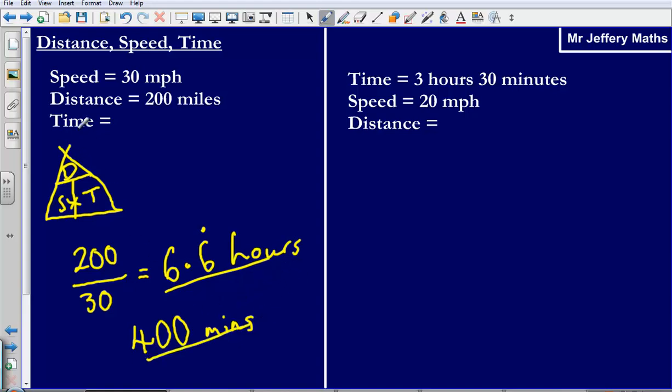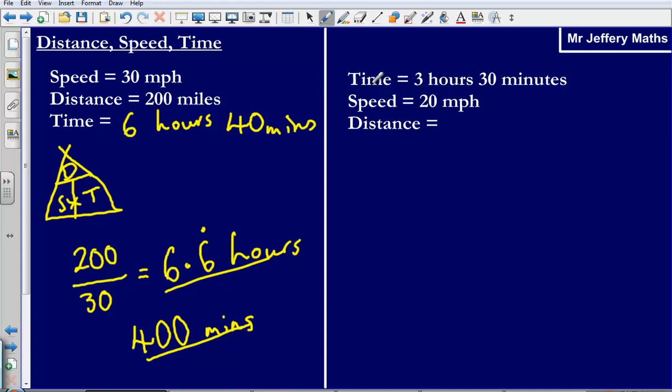So I've got 400 minutes. How many 60s are there in 400? We already know that's 6, and that would be 360 minutes. So I've got 6 hours is my 360 minutes, then I've got an extra 40 minutes on top of that to get up to 400 minutes. So my time here would be 6 hours and 40 minutes.